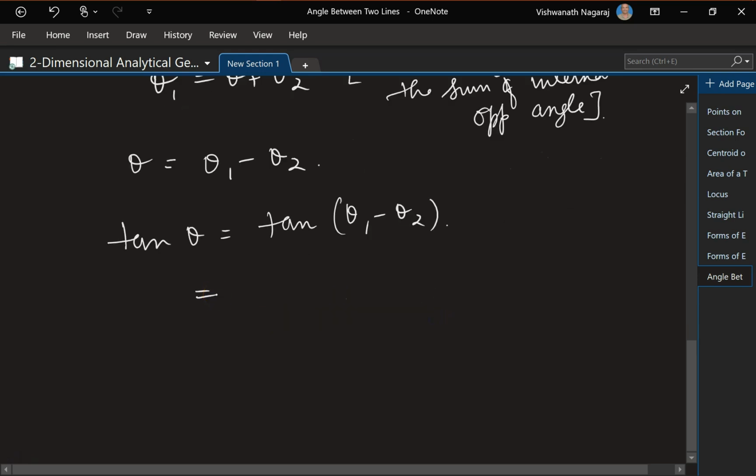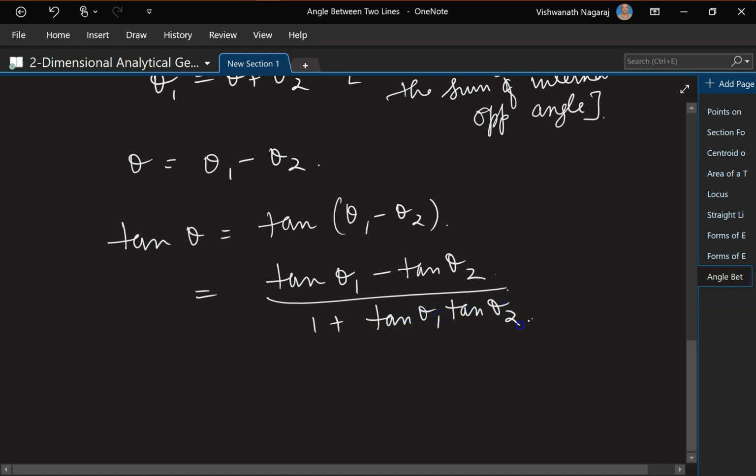We know that tan of theta 1 minus theta 2 is tan theta 1 minus tan theta 2 divided by 1 plus tan theta 1 tan theta 2, which means we can say m1 minus m2 by 1 plus m1 m2.